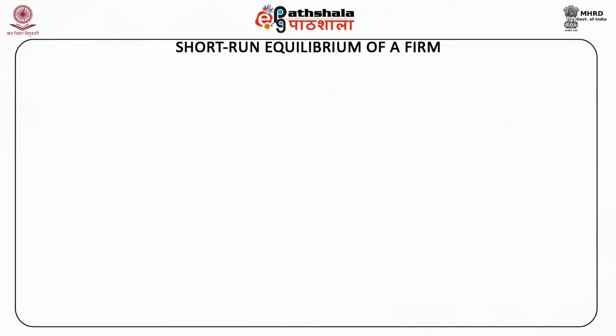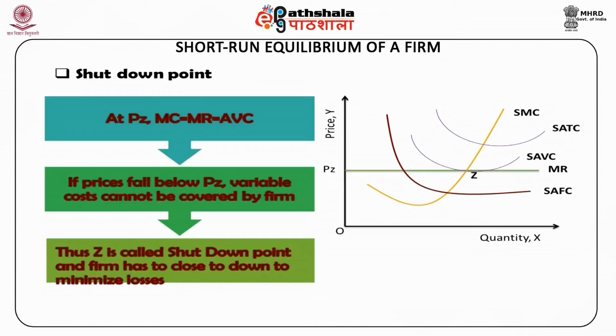The closing point or the shutdown point of a firm can be explained through a diagram. As we can see in the figure, the MR curve is the marginal revenue curve and the PZ represents the price level. The short-run marginal cost curve cuts the marginal revenue from below.